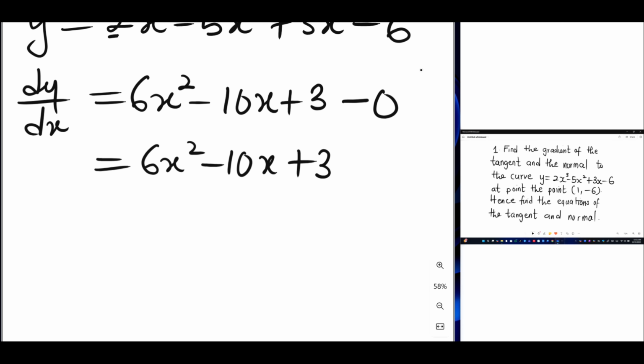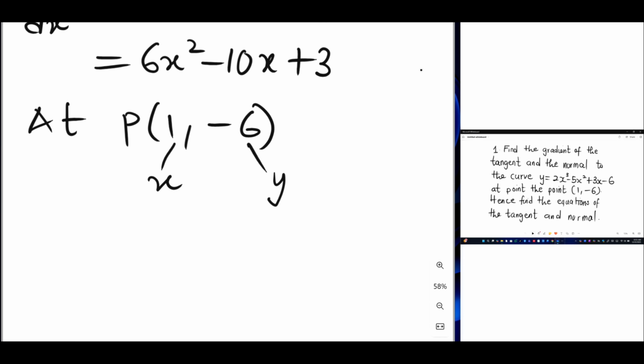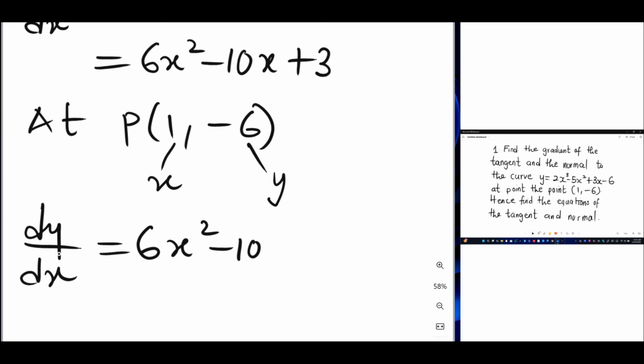We are to determine the gradient at the point with coordinates (1, -6). So these are the coordinates of the point: this is the x coordinate and this is the y coordinate. Now, when you take your gradient function, dy/dx, we have it to be 6x² - 10x + 3.